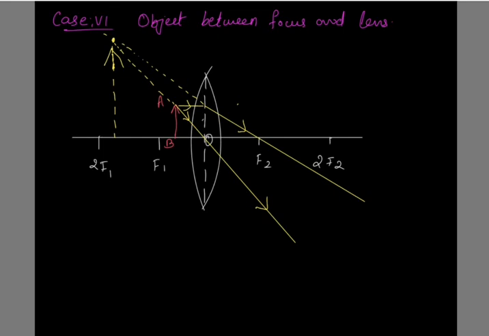You can see that it is on top of the principal axis, so the image is erect. And when you see the position of the image, you can see that the position of the image is on the same side as that of the object, but it is behind the object. So that is the image formation when the object is placed between the focus and optic center.